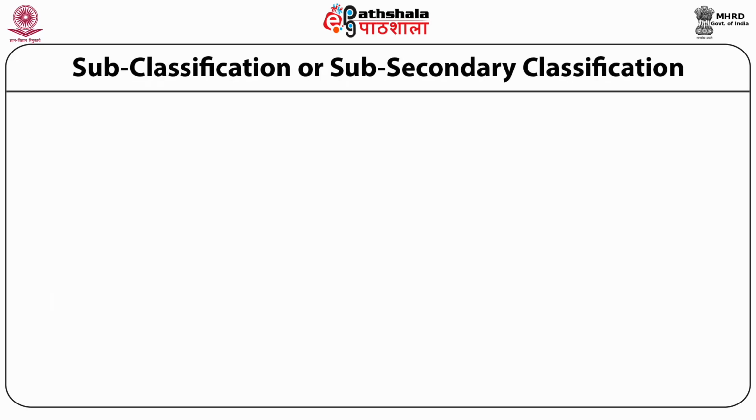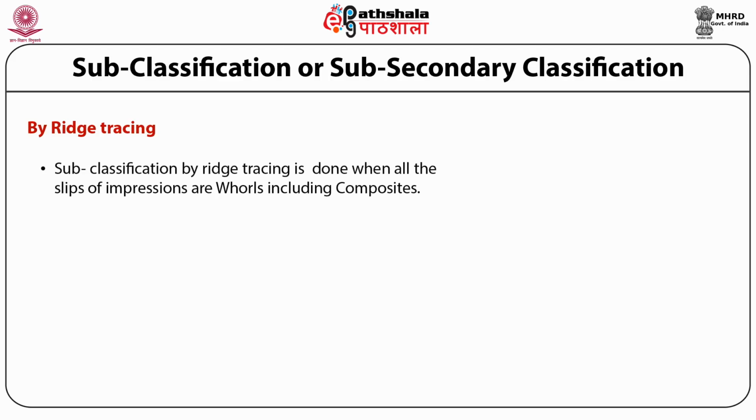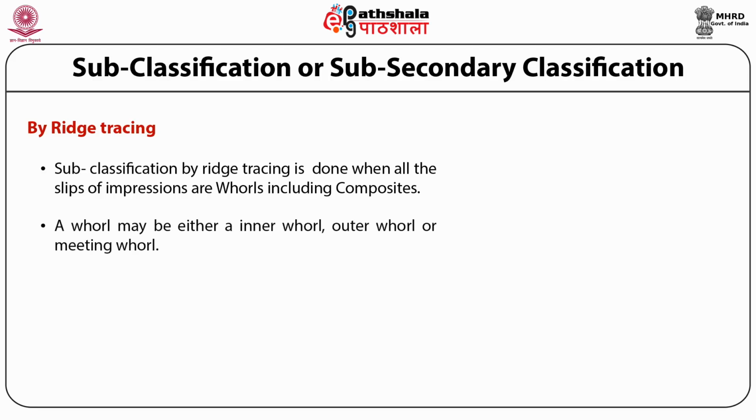The next subclassification is done by ridge tracing. Subclassification by ridge tracing is needed when all the slips of impressions are whorls, including composites. A whorl may be either an inner whorl, outer whorl, or meeting whorl. The subclassification proceeds by first making division between them.